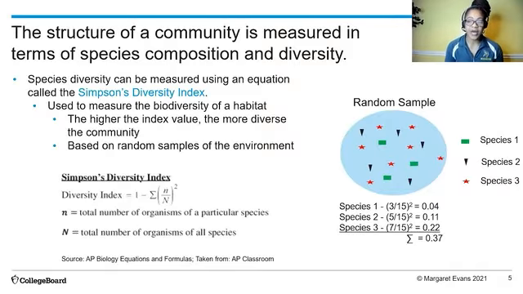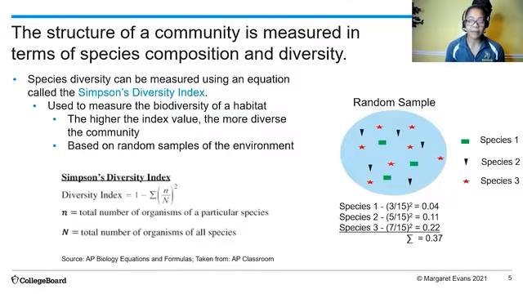So if we look at species one, we have 3 individuals out of 15. 3 divided by 15 squared would give us 0.04. And you would go through the same process for each of those species, and then you would get the sum. The sum of those values would be 0.37, which is indicated by the sigma, that backwards E symbol.